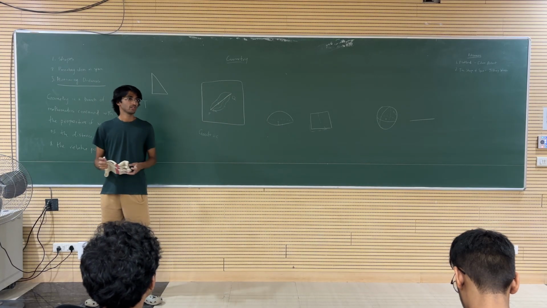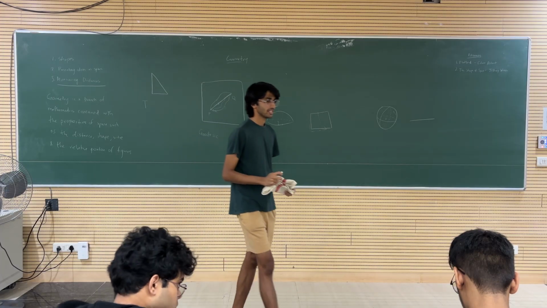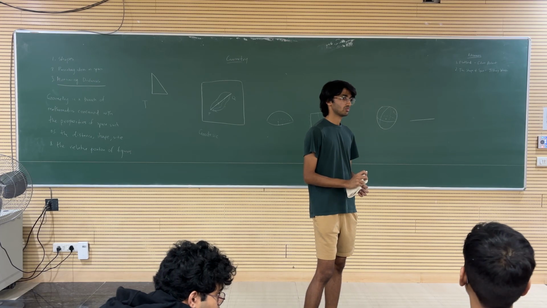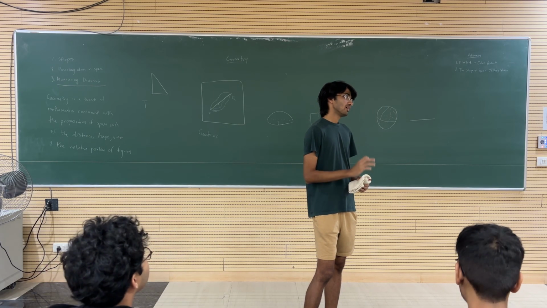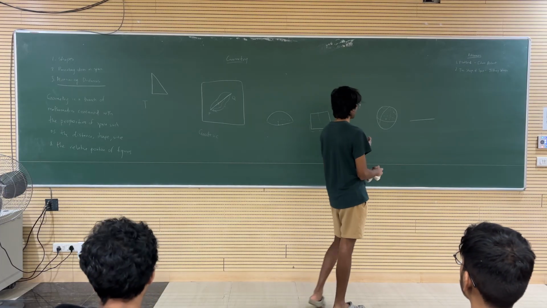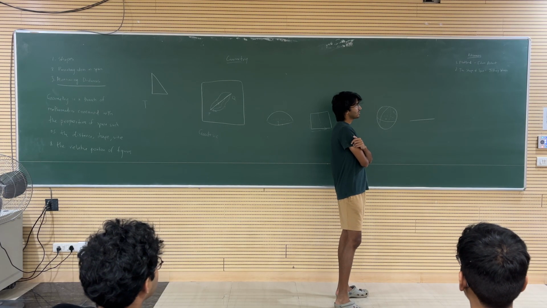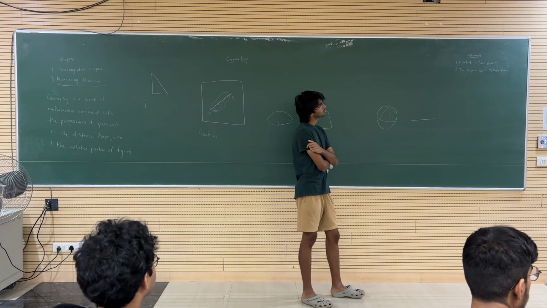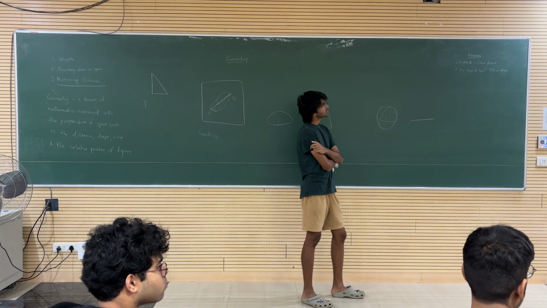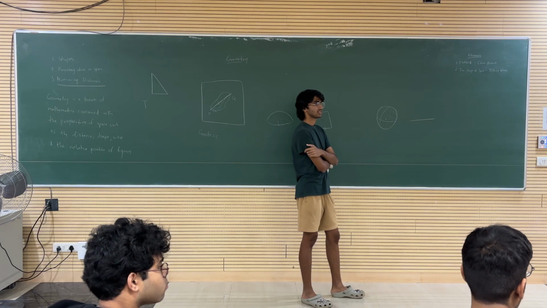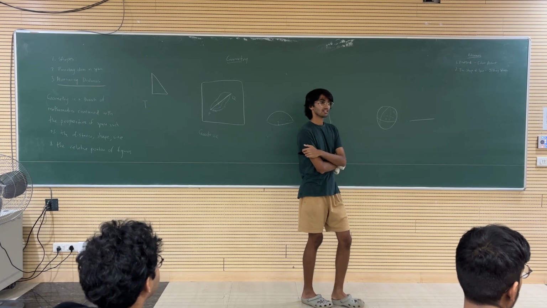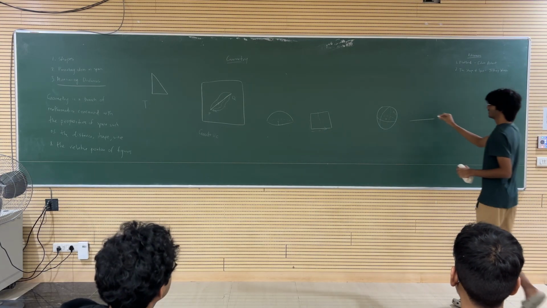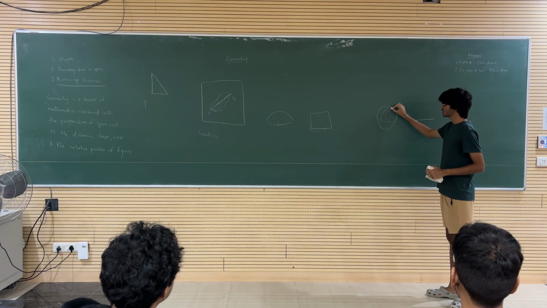Antipodal points on the sphere, yeah. They'll have an infinite number of geodesics. How does that hold? Right. So he said antipodal points on the sphere will have an infinite number of geodesics passing through them.